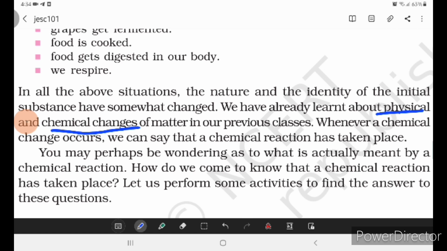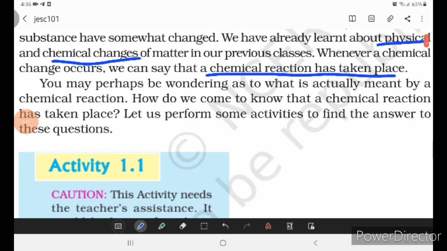When there is a change in the external appearance of an object, or we make changes physically, and this change can be reversed back to its original state, it is called a physical change. And what about a chemical change? A change which cannot be reversed is called a chemical change. So whenever we observe a chemical change, we say that a chemical reaction has taken place.